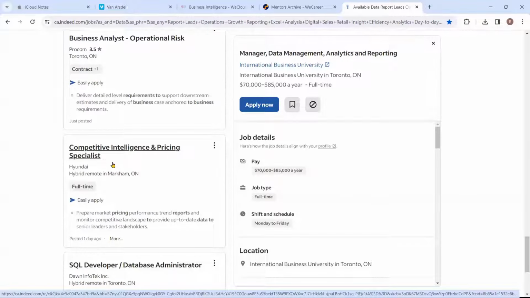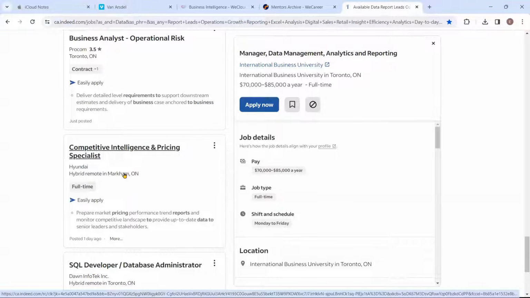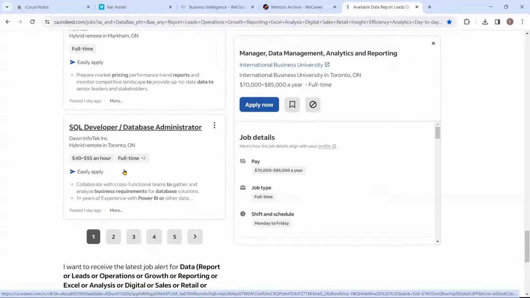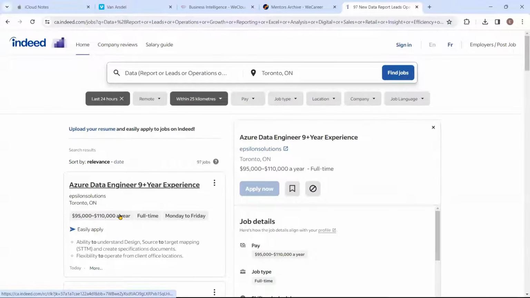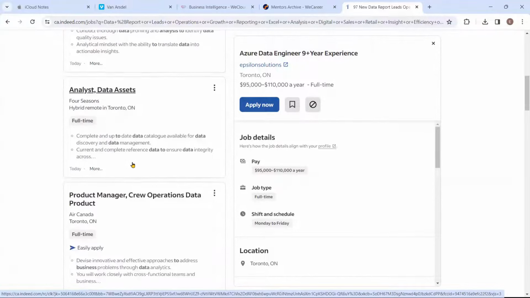Hyundai is a car manufacturer, or maybe it's the dealership here in Canada: competitive intelligence and pricing specialist. Okay, this is the agency that I know. So only 5 pages. I'm going through one more page. Four Seasons, this is a hotel. So data quality analyst.